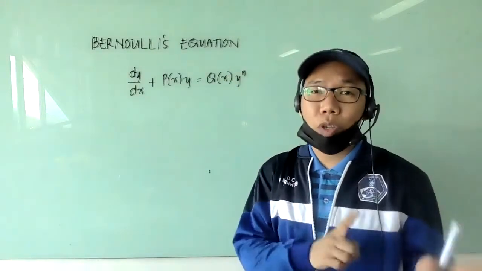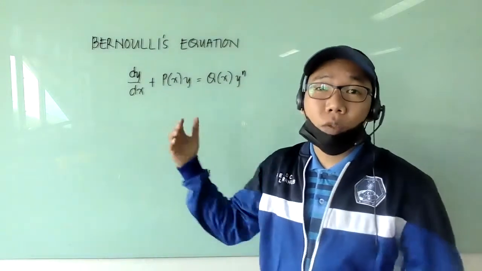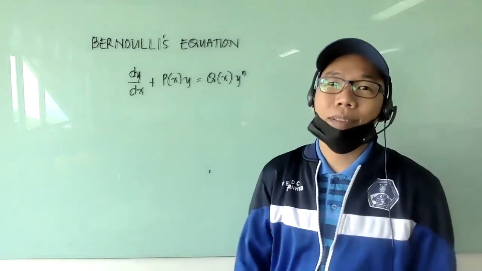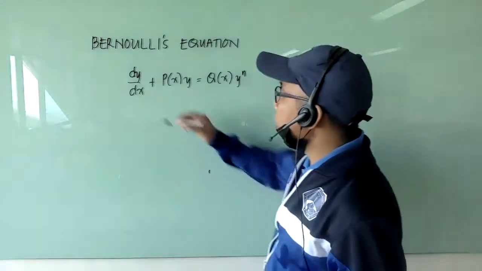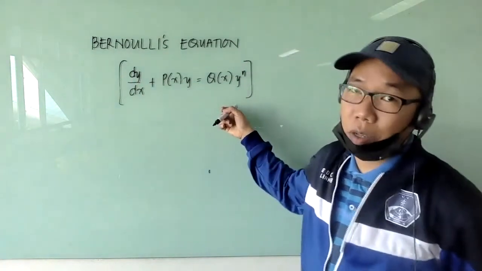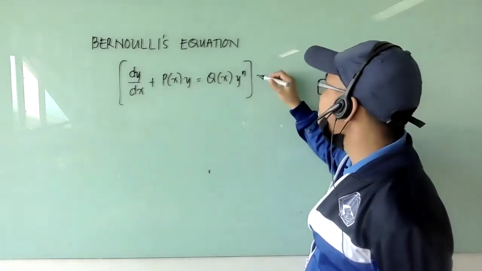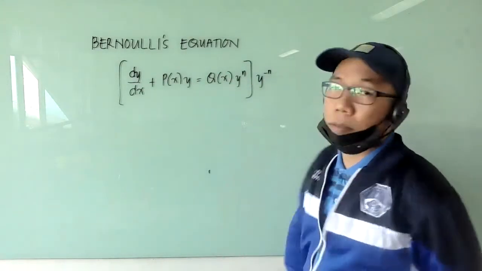Now, how do we solve Bernoulli's equation? We're going to transform this into a linear form. We first remove y^n, so we divide the entire equation by y^n, or multiply it by y^(-n).